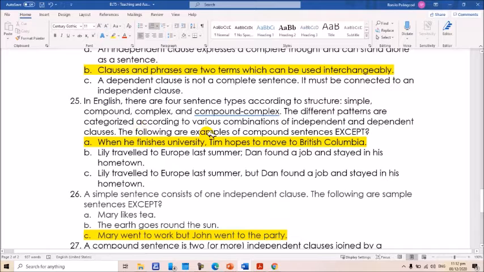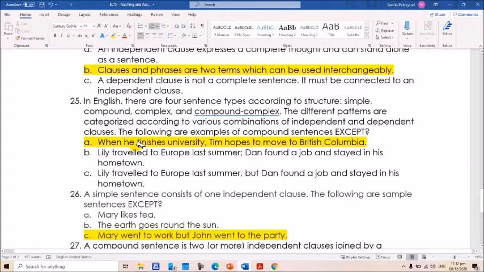The following are examples of compound sentences, except. Going back, we all know that a compound sentence contains two independent clauses joined by a conjunction or a semicolon or a comma. So the answer right here is letter A.